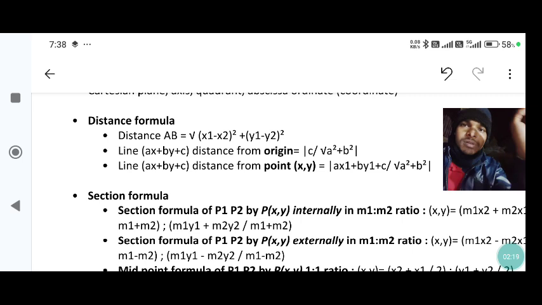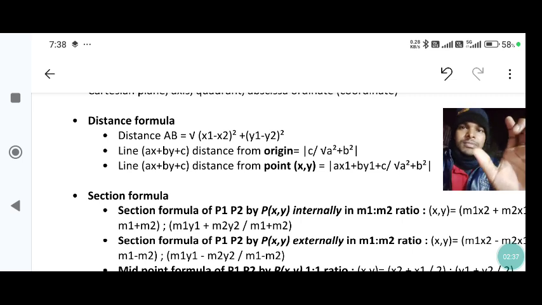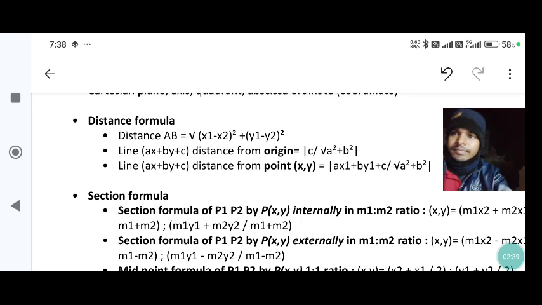The perpendicular distance from the origin to the line is c, the last coefficient, divided by root under a square plus b square. This is the formula for the distance from the origin to any line.